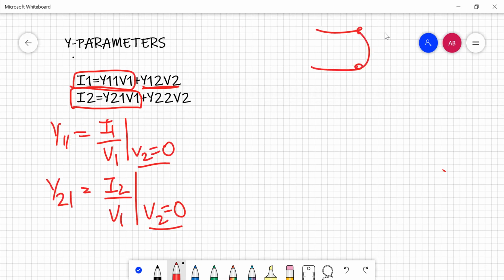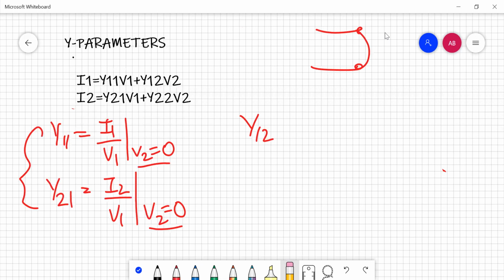So that means these set of parameters we are going to get when we short our output terminals. Now what about your y12 and y22? Just see here. My y12 will be equal to, let me just rub this thing, because we need to concentrate on this and this, making this equal to 0.